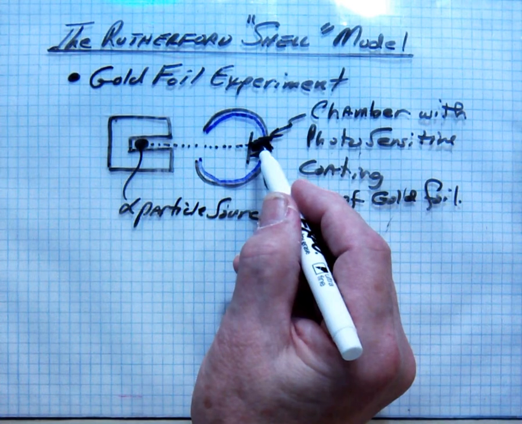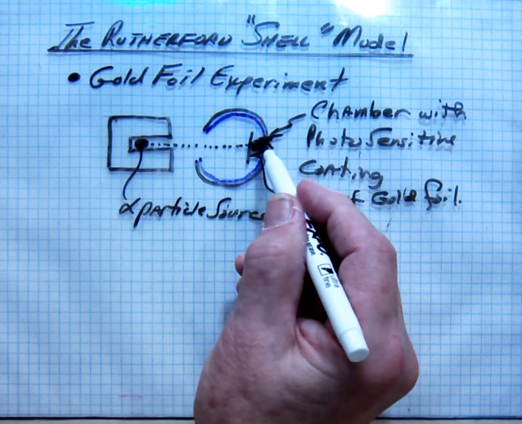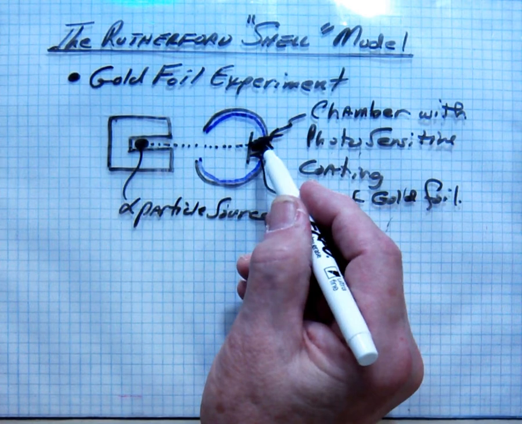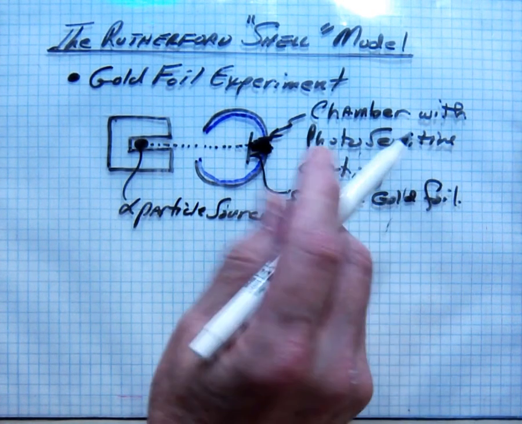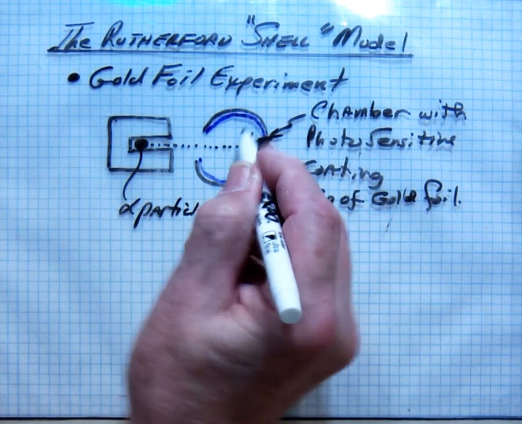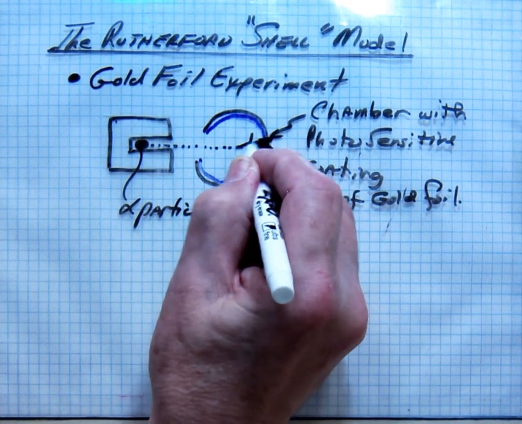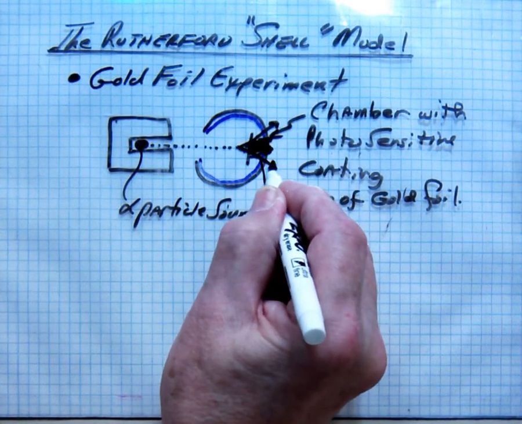It's like throwing a bunch of tennis balls at that wall and they go through it. And that was certainly unexpected. A small amount were observed to deflect off at obtuse angles.